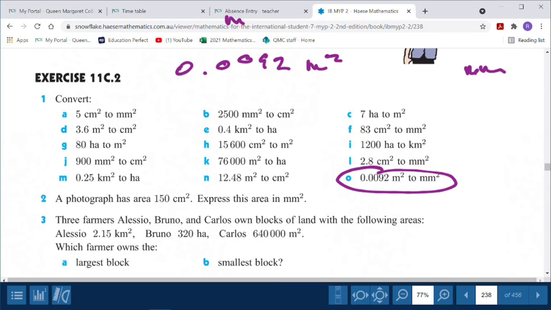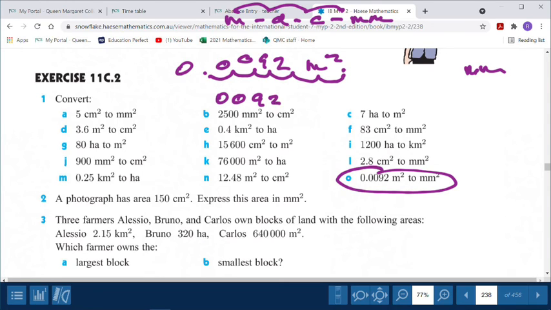If it's meters, decimeters, centimeters, millimeters, how many jumps is that? 3 jumps to the right. But we're squaring it, so we're not going to take 3 jumps. We're going to take 6, twice as many. So 1, 2, 3, 4, 5, 6. Which gives us 0092 with 2 zeros added. So there's my new decimal.